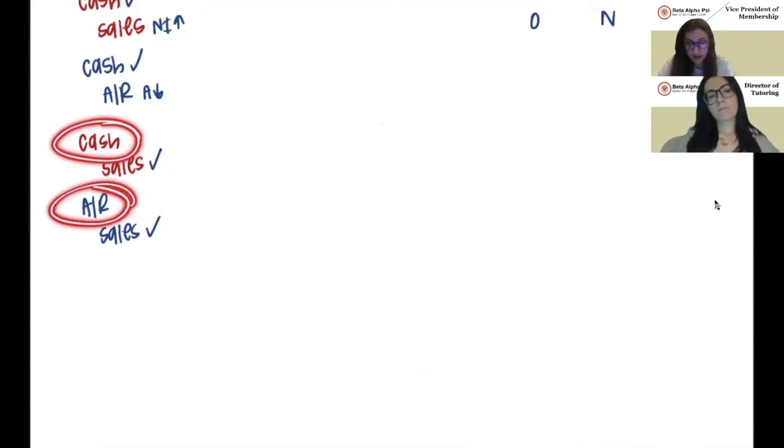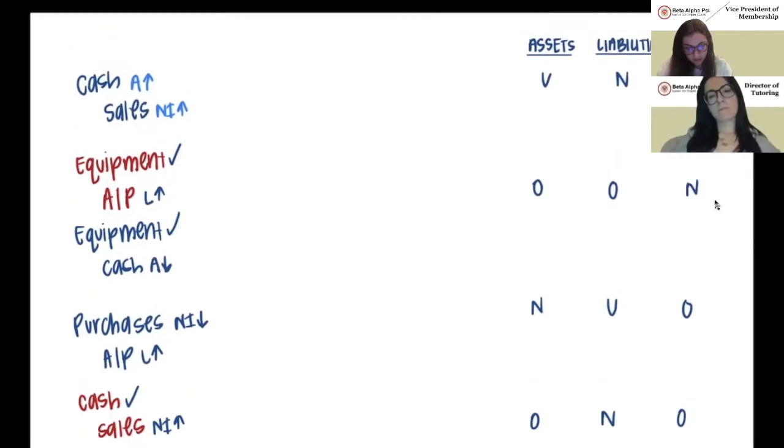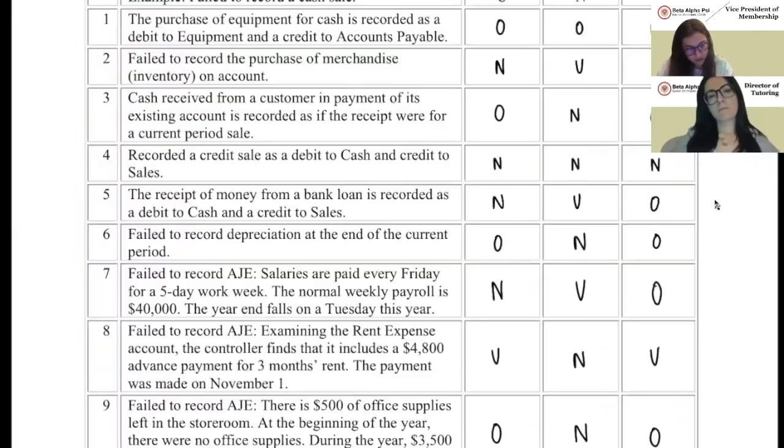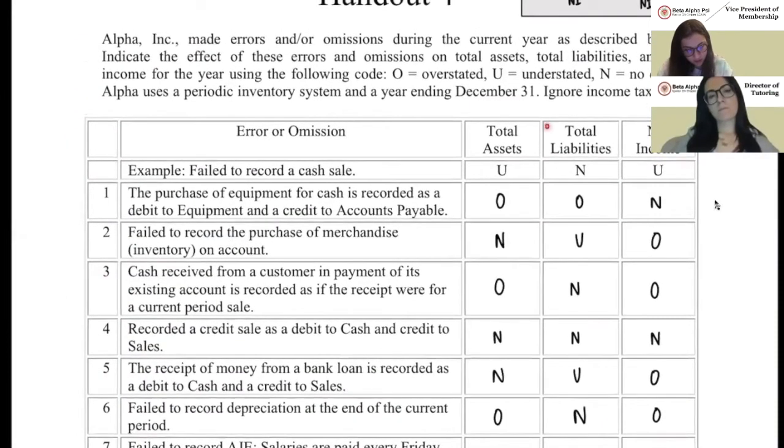And let's look at these two accounts. A debit to cash increases our assets, right? And a debit to AR also increases our assets. So in this case, I'll show you here. We're looking at our total assets, our total liabilities, and our net income.